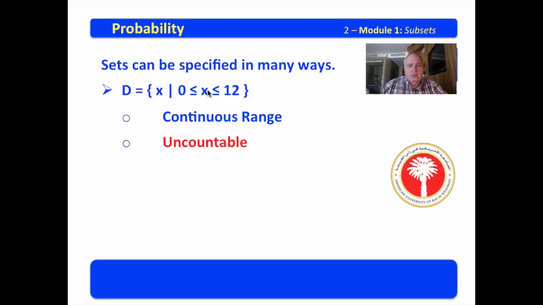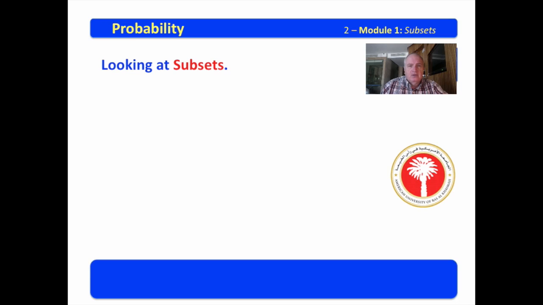In other words, there are so many values between 0 and 12. There's square root of 7, there's pi, there's e. Those numbers are between 0 and 12, and they're not only an infinite set, but they're an Aleph 1 infinity.